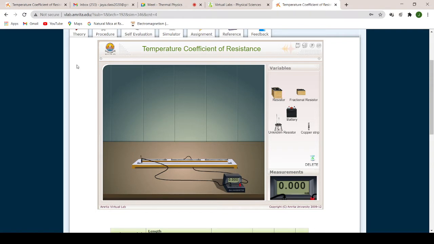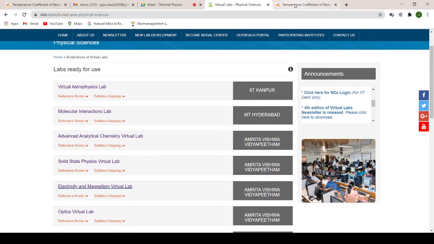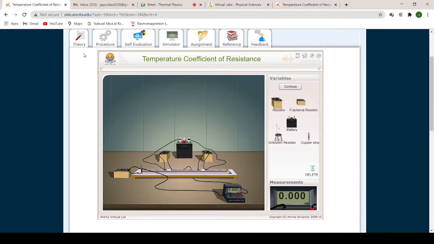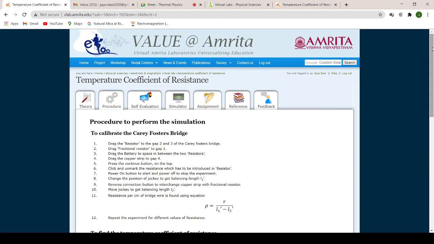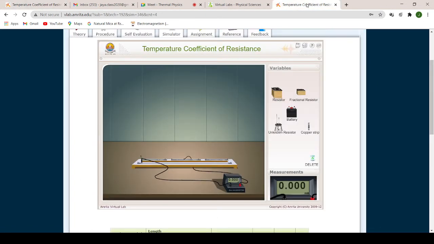So this is what you are going to see in the simulator for the temperature coefficient of resistance. Okay, so if a few of you have the procedure open with you, then we can see how we do this experiment. Okay, so let us see. So there are two parts in which you have to do it.